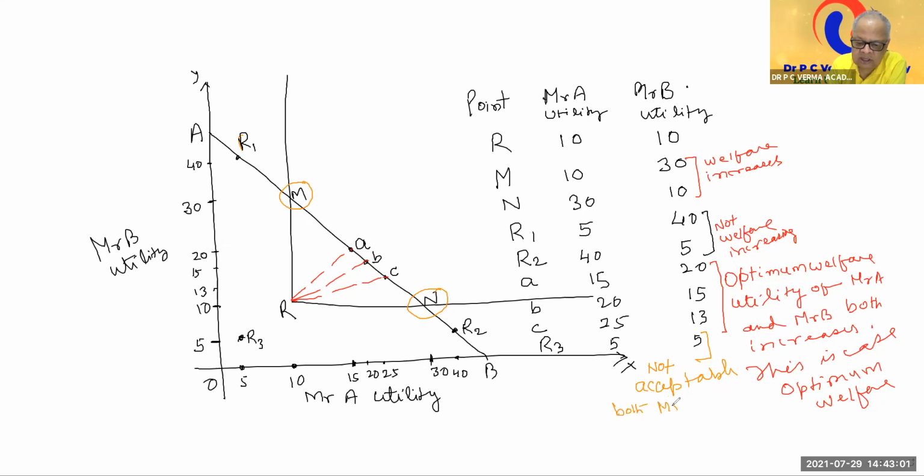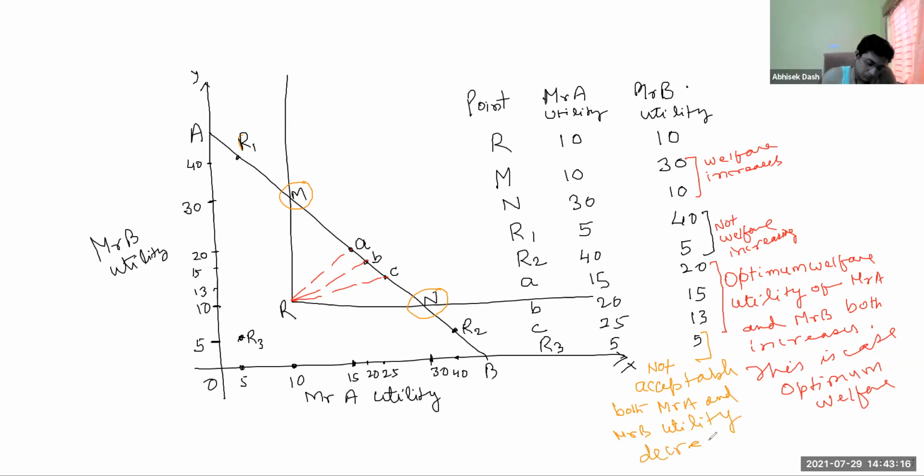Both Mr. A and Mr. B utility decreasing. Not welfare.